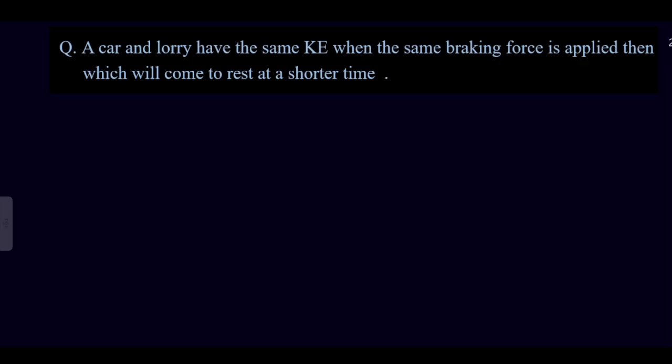So for shorter time case we use the impulse relation. Tell me now, impulse is equal to what? F into T, which is equal to change in momentum, delta P. So minus, na, retarding force.